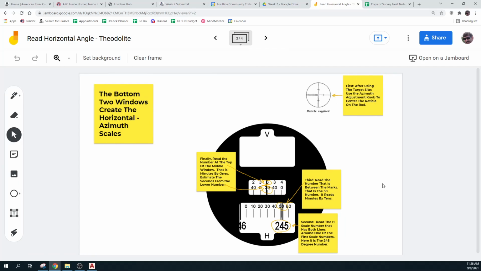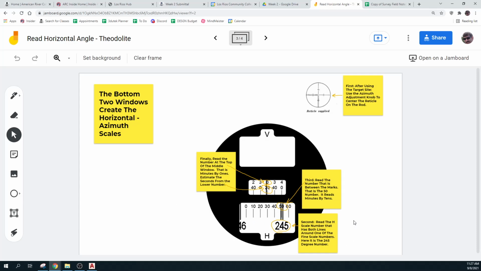So how do we read it? When you look through the little scope, you're going to see something up here that we're going to ignore right now. That's why I left it blank. You're going to see a bottom scale and a middle scale. The bottom scale is your degrees, and it's the one that's straddling a double line somewhere as best you can see. So here you see the 246 is off to the side.